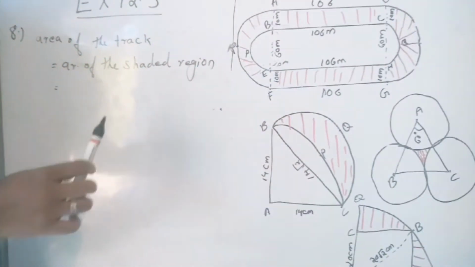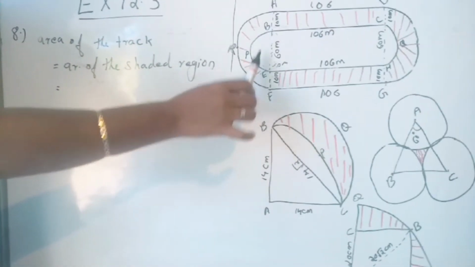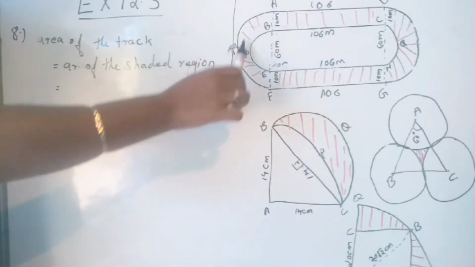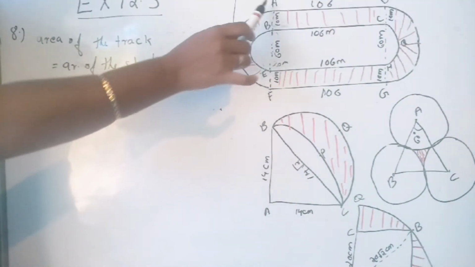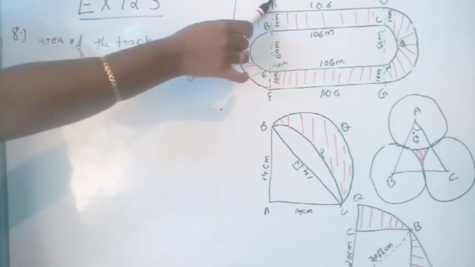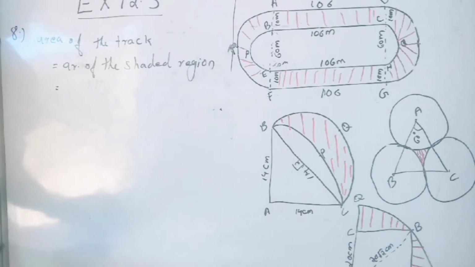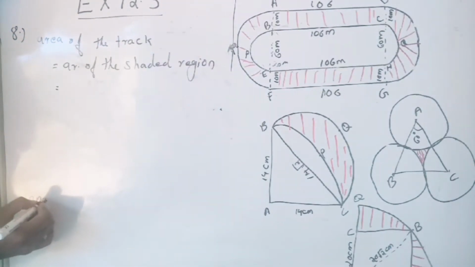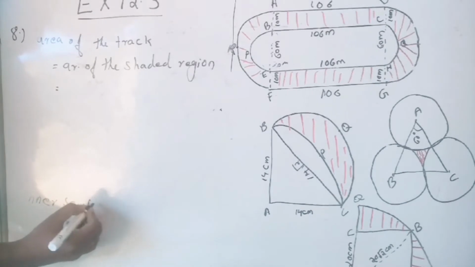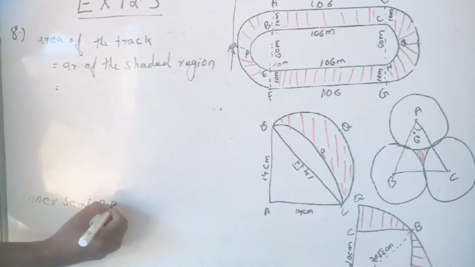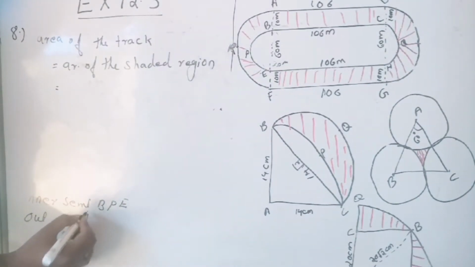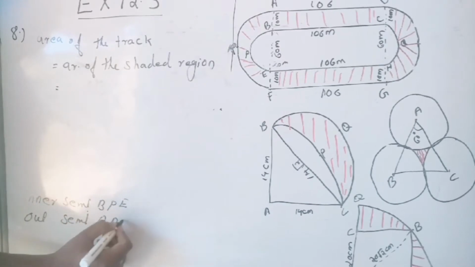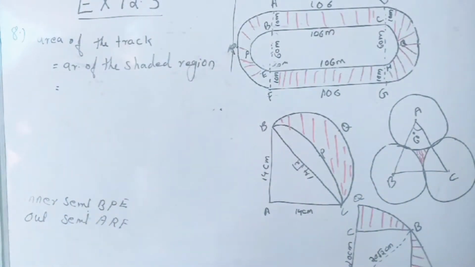Just look here: we have one semicircle BPE, that is our inner semicircle, and the outer semicircle ARF. So we have two semicircles, inner and outer.